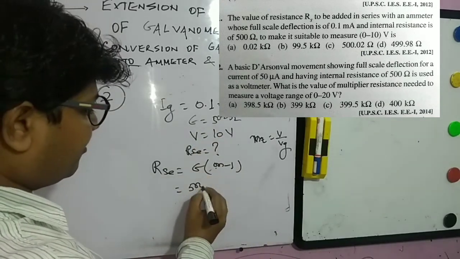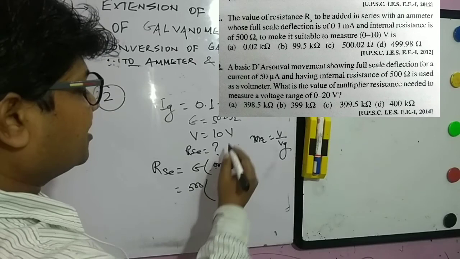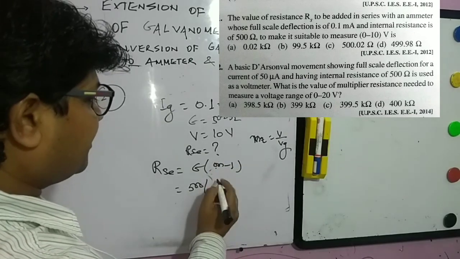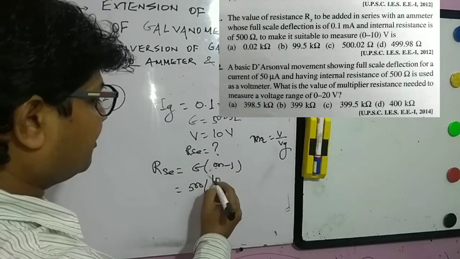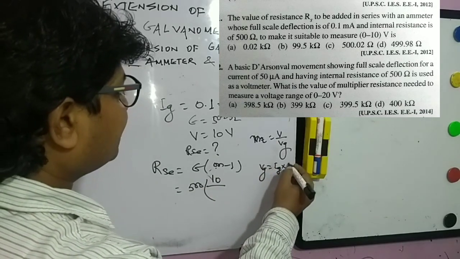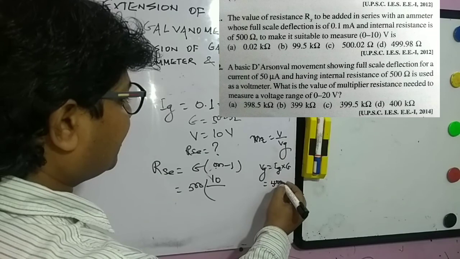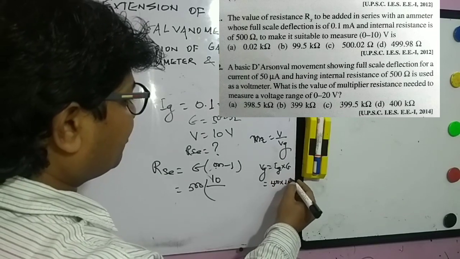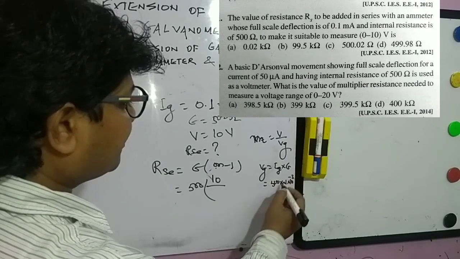G is 500, okay, fine. V by Vg, so V is 10 volt, and Vg we can find out, Vg is equal to Ig into G, and this is 500 into 0.1 into 10 to the power minus 3, right?